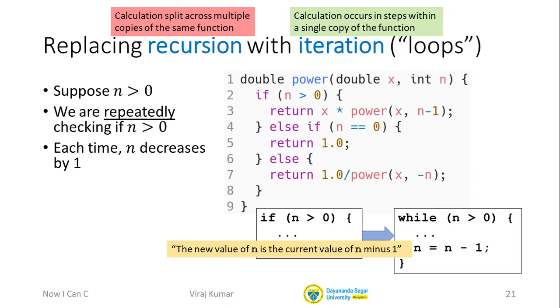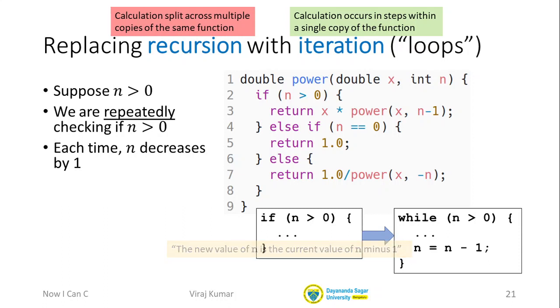Now, in this case, the expression on the right-hand side, n minus 1, has the same variable n which appears on the left-hand side, and this is perfectly fine. We calculate the right-hand side using the current value of n, and then the result of that whole expression we store back into n. So the value of n changes.